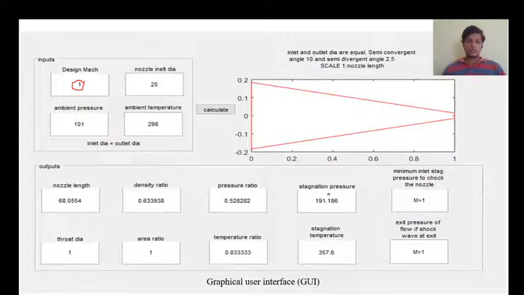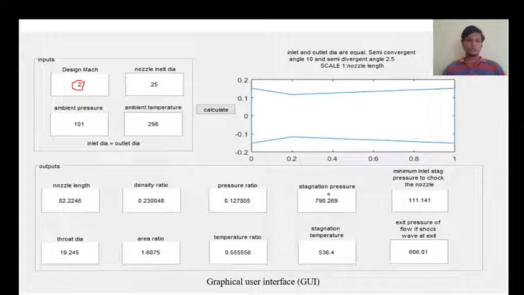Okay, these are the respective outputs. And for the design Mach number 2, we are going through the different Mach numbers from now. We can clearly see the minimum inlet stagnation pressure to choke the nozzle. If you see this stagnation pressure, this is 790 and this is 311.141.